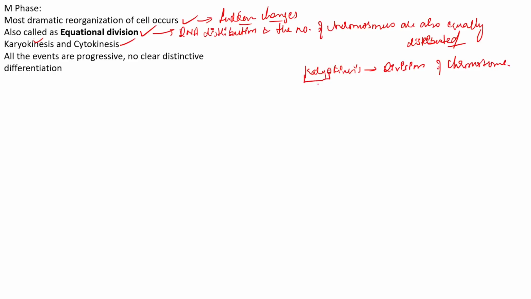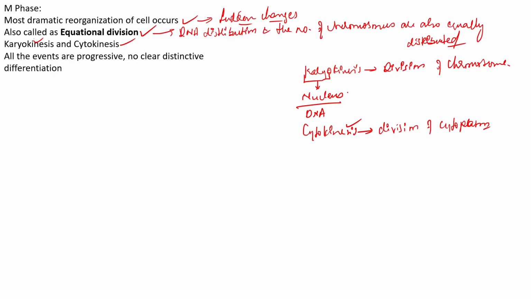The term karyo stands for the nucleus, or ultimately the content present in the nucleus, that is the DNA. And in the term cytokinesis, as you can make out, cyto stands for the cytoplasm. Hence it is the division of the cytoplasm, so it is called cytokinesis. So these are the two important events that occur in your M phase.